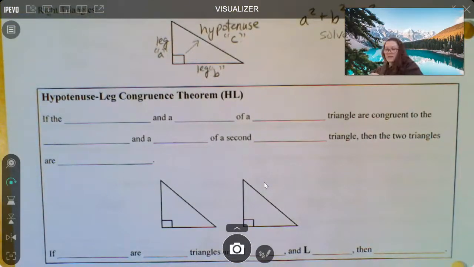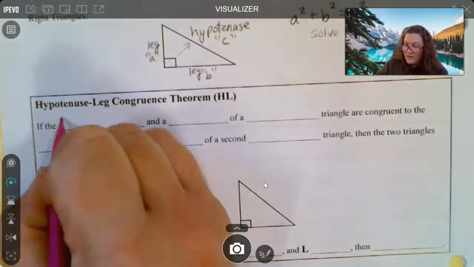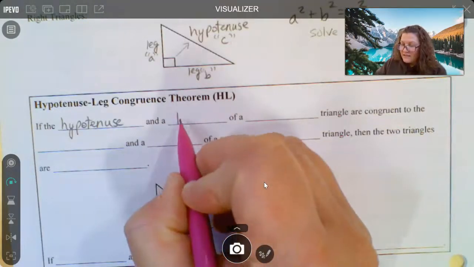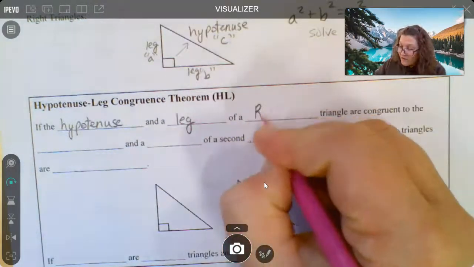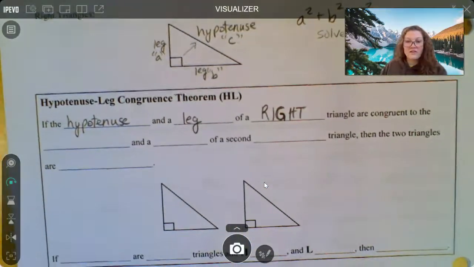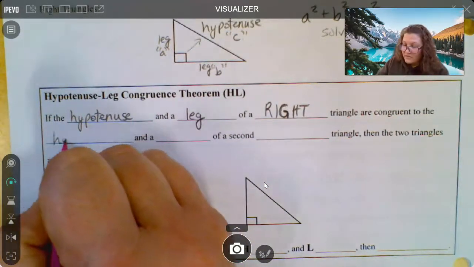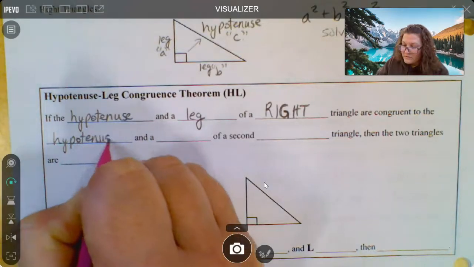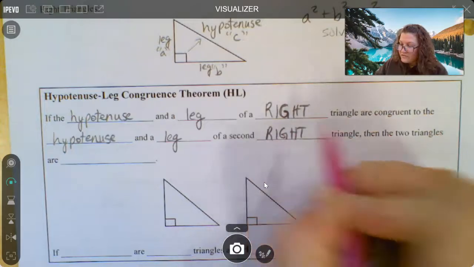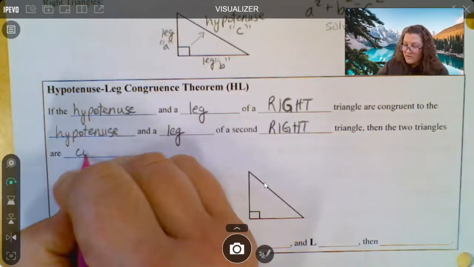Okay, so in the hypotenuse leg congruence theorem, which is called HL for short, if you know the hypotenuse, which we are going to call H from now on, and a leg of a right triangle are congruent to the hypotenuse and a leg of a second right triangle, then the two triangles are congruent.